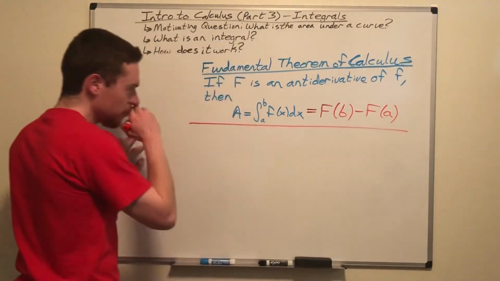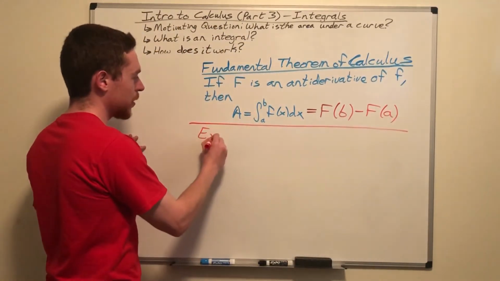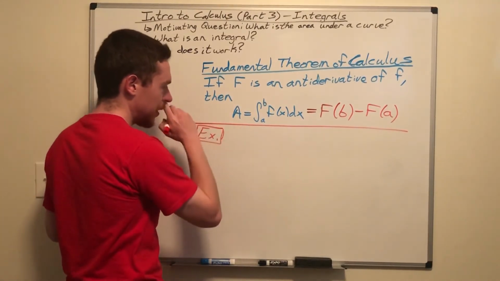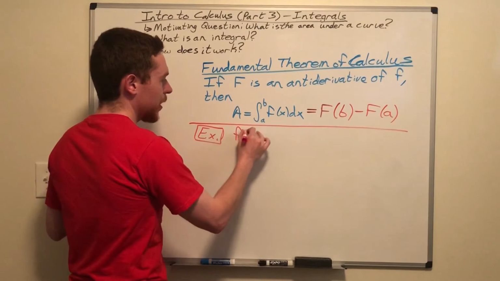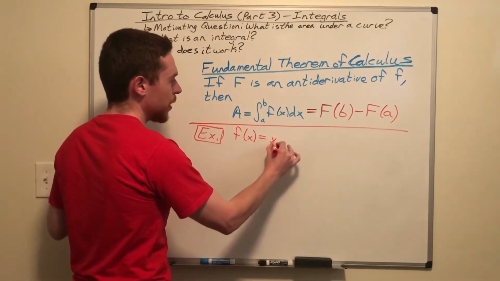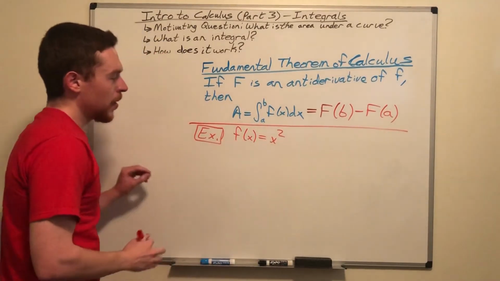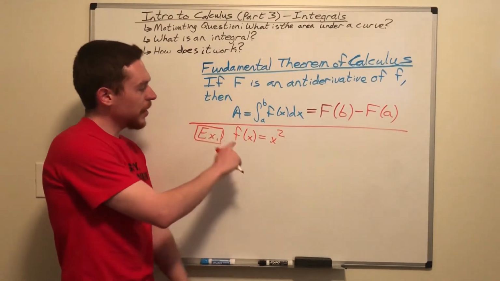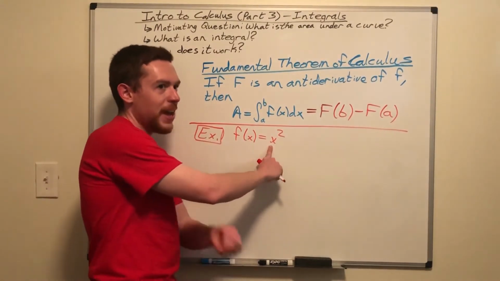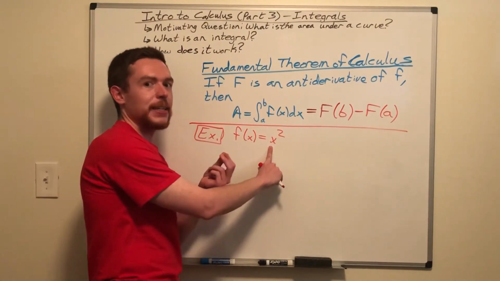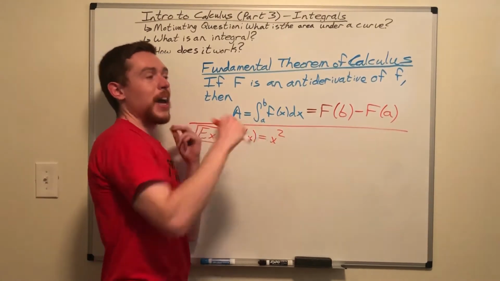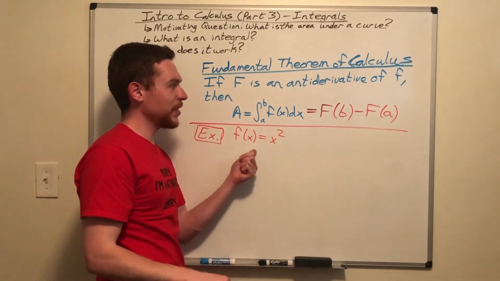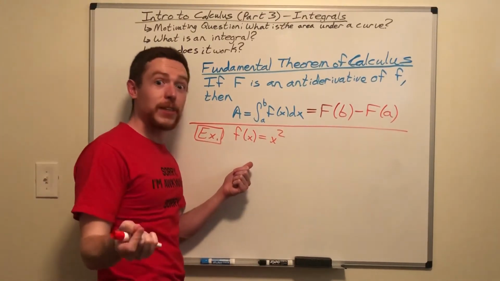Okay. So to motivate what an antiderivative is, I want to give a concrete example. Let's say we're looking at f of x equals x squared. Basically, an antiderivative asks the question: if I treat little f as the slope of a tangent line, what capital F would be my original function?